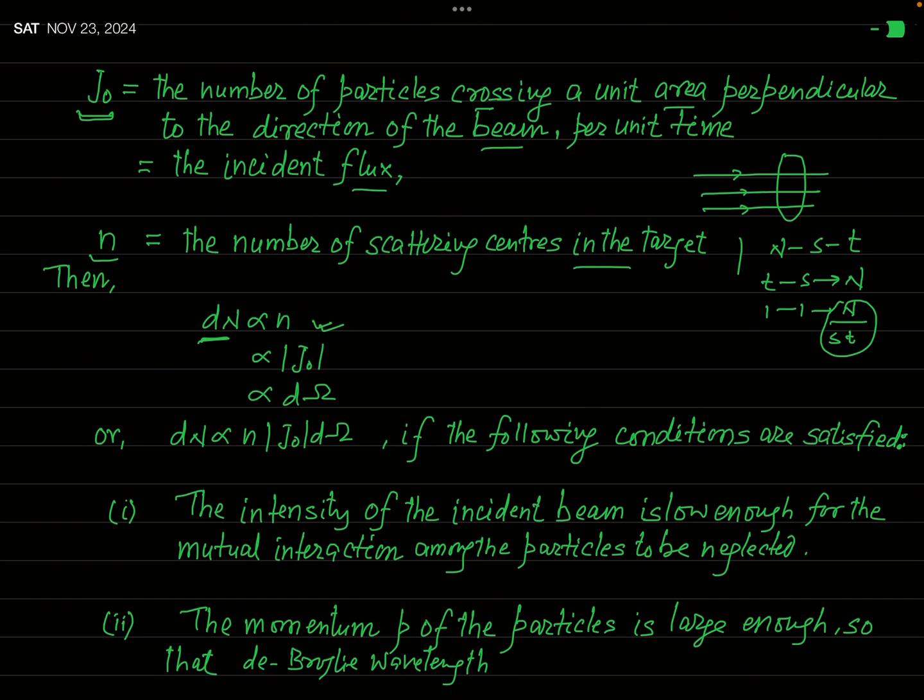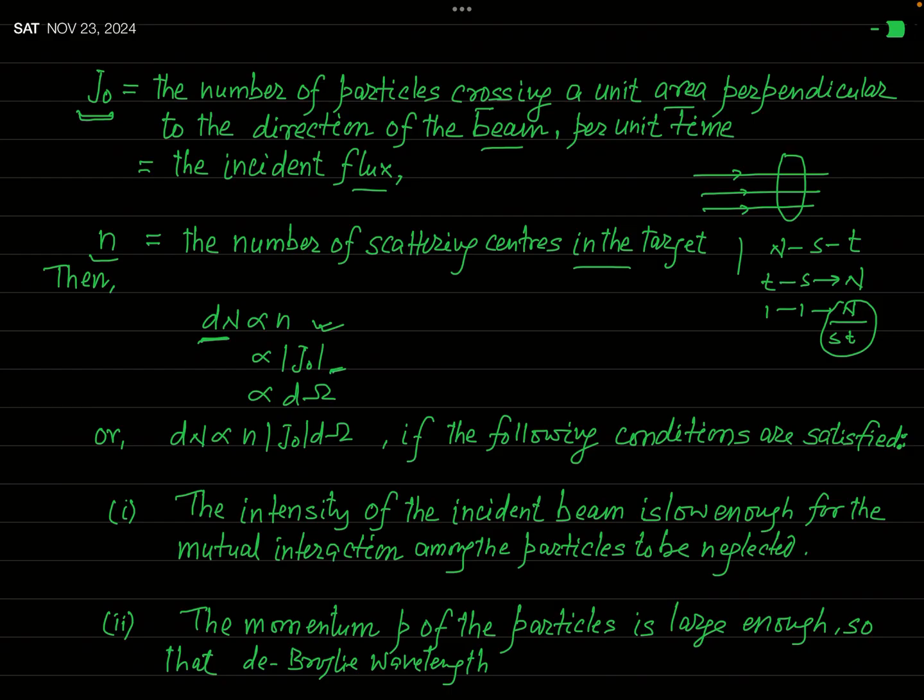Again, J naught represents the number of striking particles per unit area per unit time. So if a larger number of particles strike unit area in unit time, definitely the number of scattered particles will also be large. So dn should be proportional to modulus of J naught.